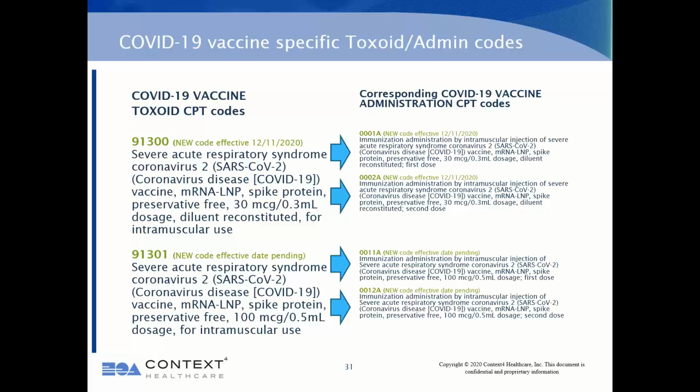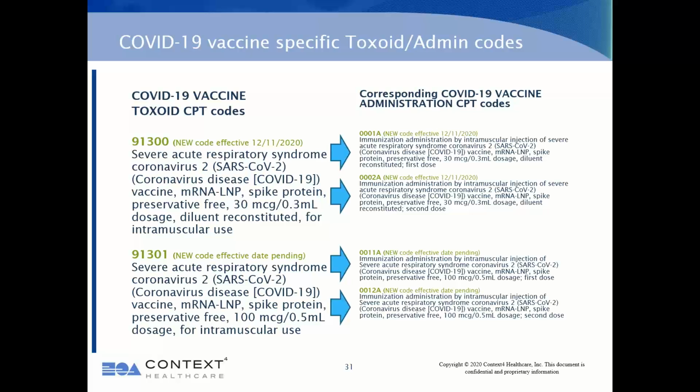So these are all going to be first dose immunizations. So it's going to be 91300 and 0001A. Now, a given provider is only going to be billing both if they paid for the toxoid. But the majority of the time, for the first few weeks here, we're going to see 91300 and 0001A.